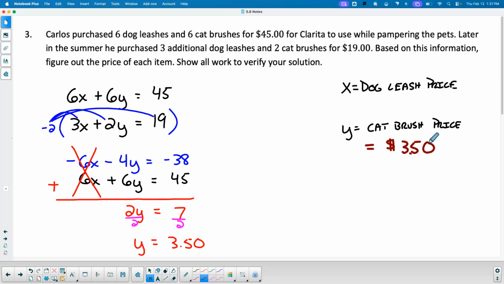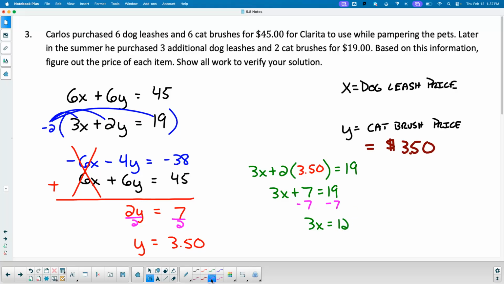I'm going to plug that back into the second equation. 3x plus 2 times 3.50 is going to be 19. So that's 3x plus 7 is 19. Subtract 7. 3x is 12. Divide by 3. X is 4. So $4 for a dog leash.